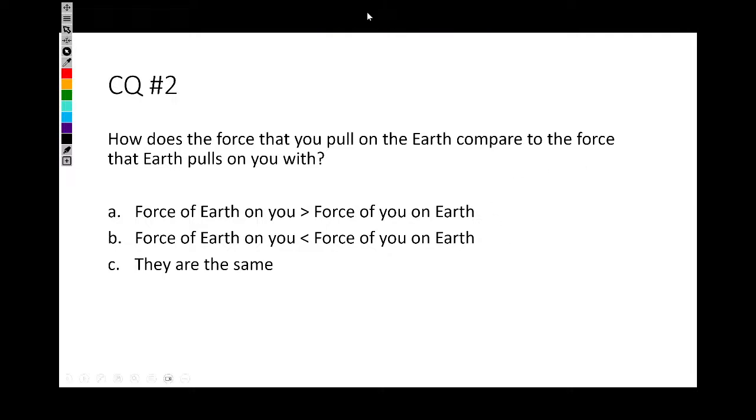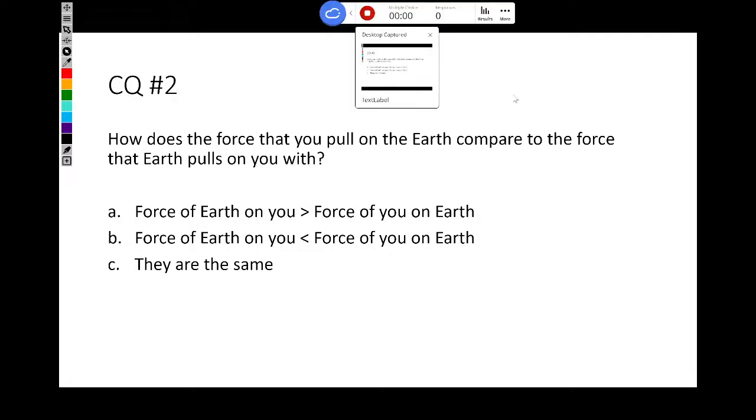More concept questions. How does the force that you pull on the earth with compare to the force that the earth pulls on you with? Is the force of the earth on you greater than the force of you on earth? Is the force of earth on you less than the force of you on earth? Or are they the same?